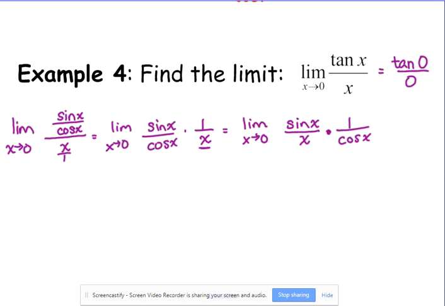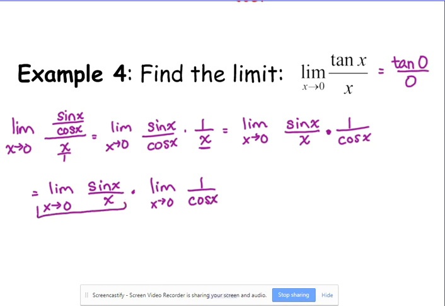All right, so now we've got a product rule right here. The limit as x approaches 0 of sine of x over x times the limit as x approaches 0 of 1 over cosine of x. Well, we just learned this first limit right here. We memorized that it's 1. And I can plug 0 into my second one, and it's not a problem, because the cosine of 0 is 1.